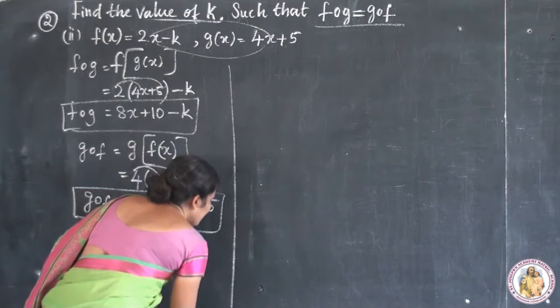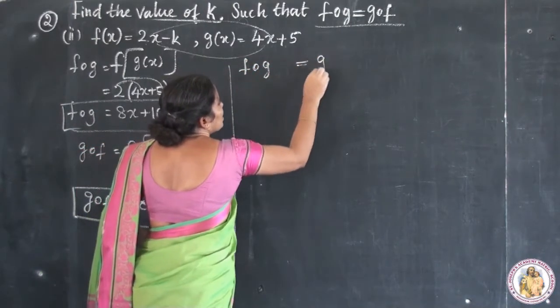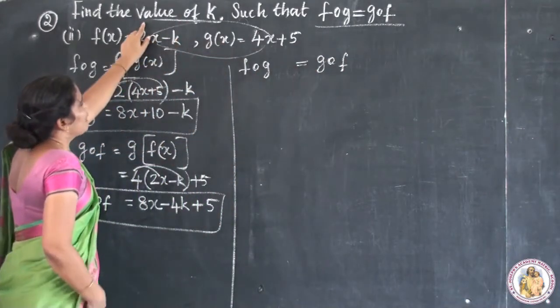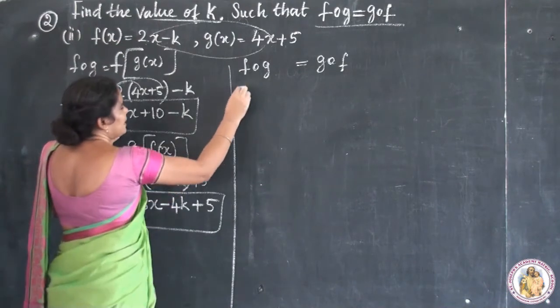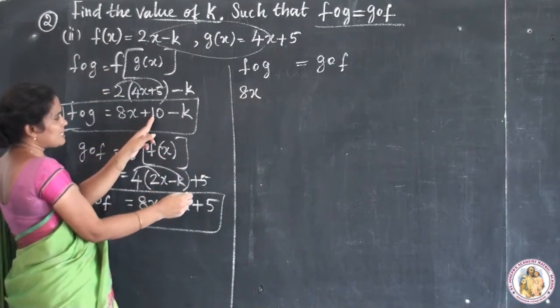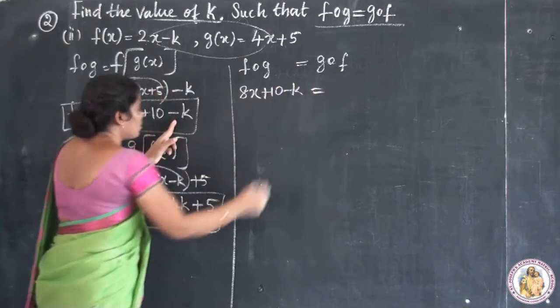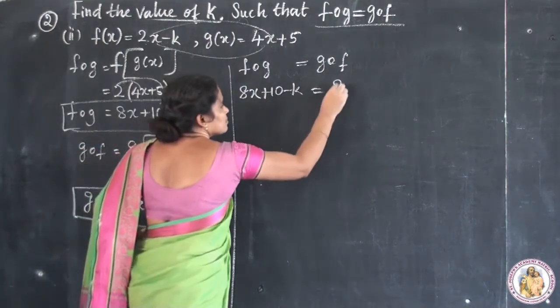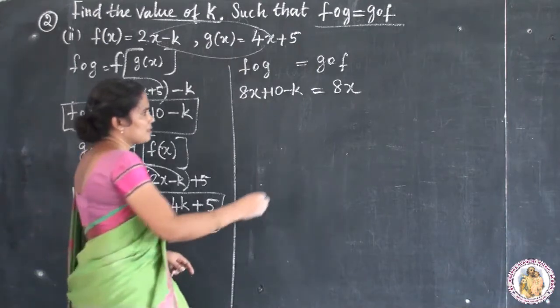In the question it is given that f of g is equal to g of f. Using this, you have to find the value of k. So f of g is 8x plus 10 minus k equal to g of f, which is 8x minus 4k plus 5.